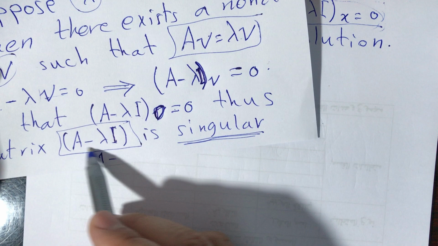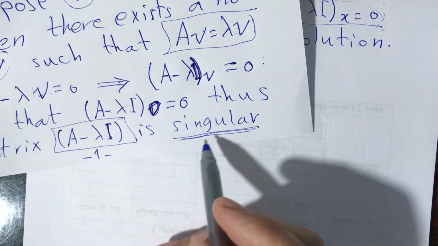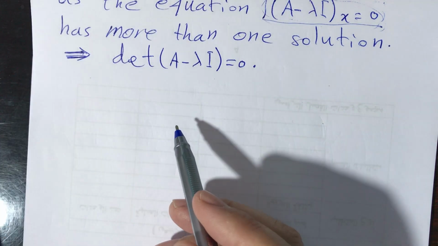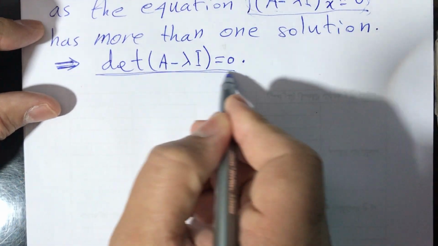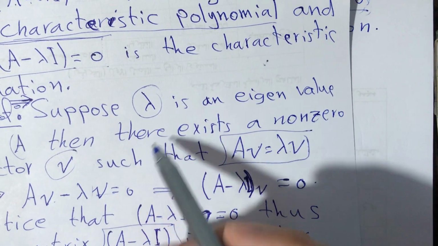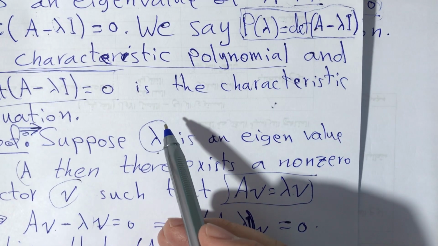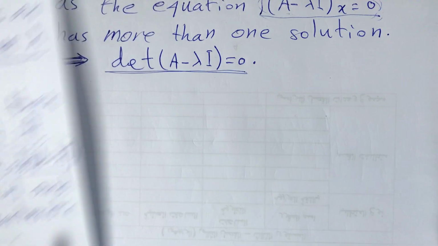So if lambda is an eigenvalue, the determinant of A minus lambda I will be 0.